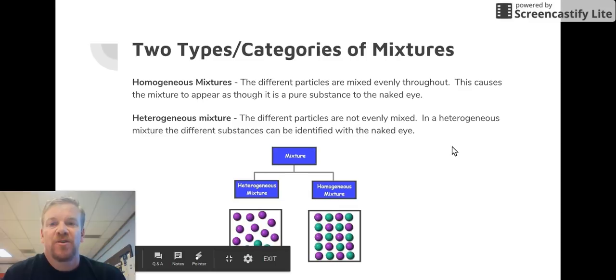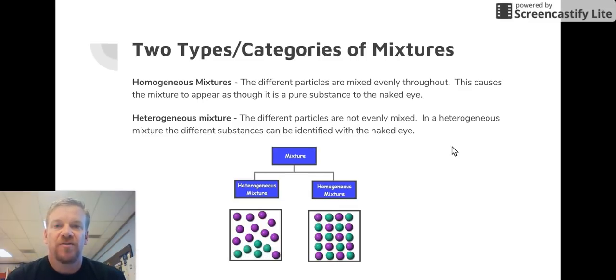Now, there are two types of mixtures, homogeneous mixtures and heterogeneous mixtures. Now, homogeneous mixtures, particles are mixed evenly throughout, and this will give this mixture an appearance like it's a pure substance. It will look like it is one pure thing. So, for example, if I had salt water, I can't see the different particles that are making up that mixture because the particles have been dissolved into such a small, atomic ionic level that I can't see them.